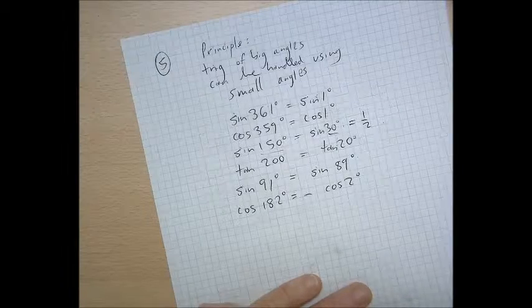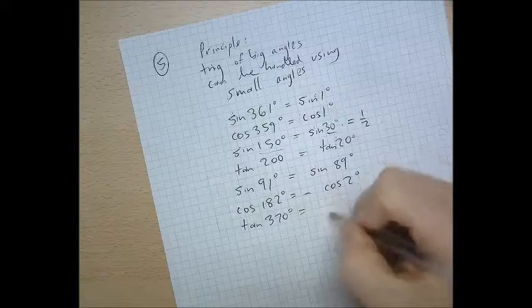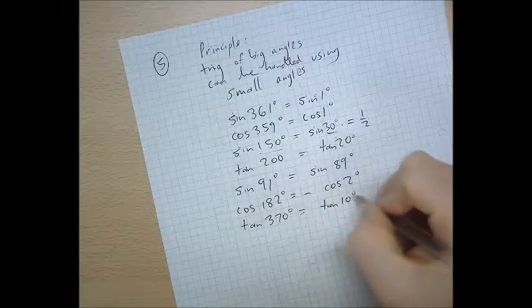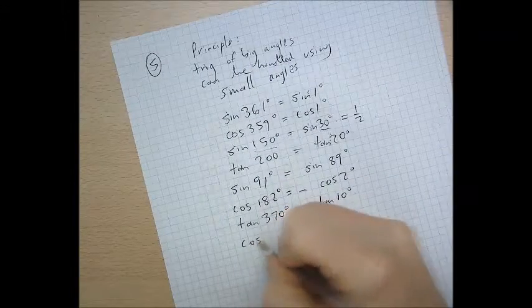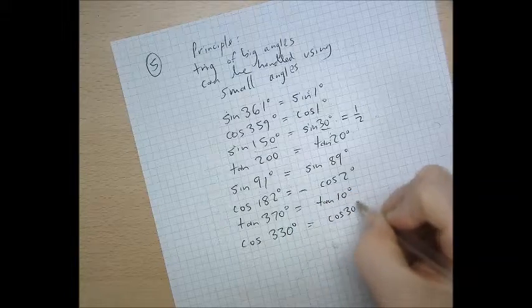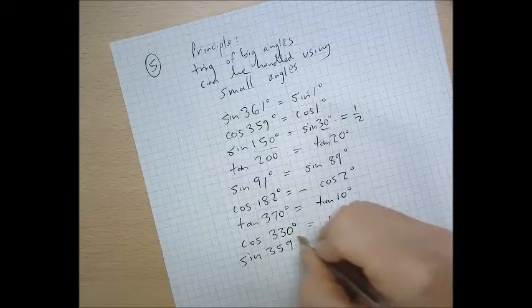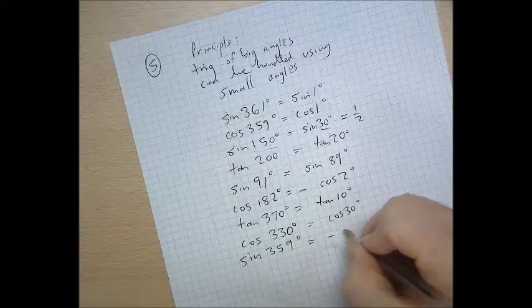Tan of 370 is the same as tan of 10. And cos of 330 is the same as cos of 30. And sine of 359 is negative sine 1. Well, how am I doing those?